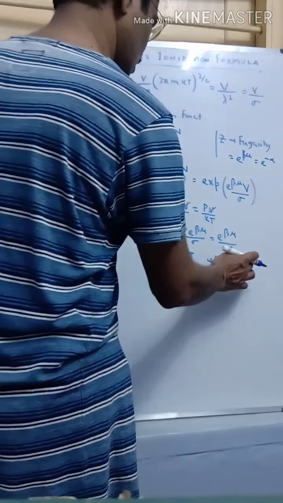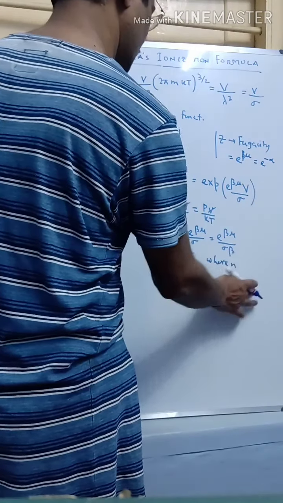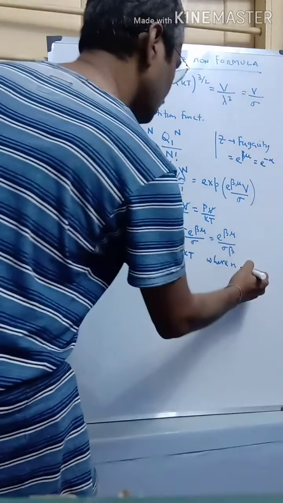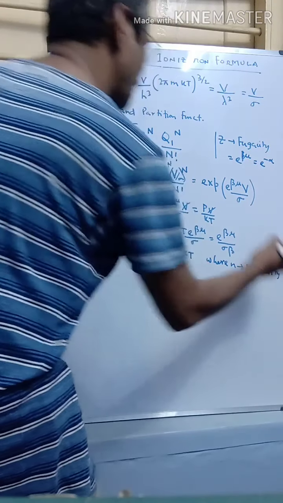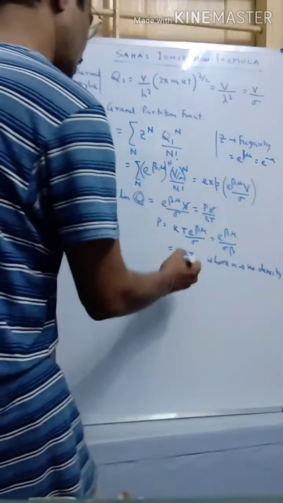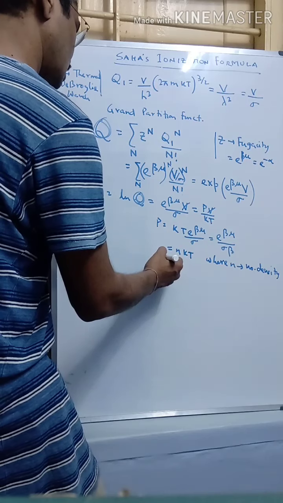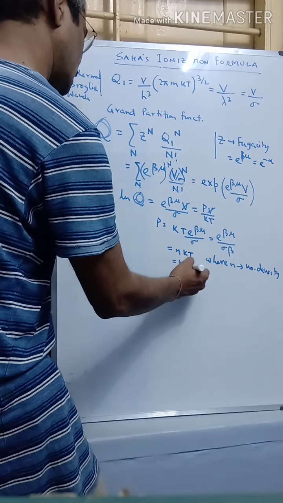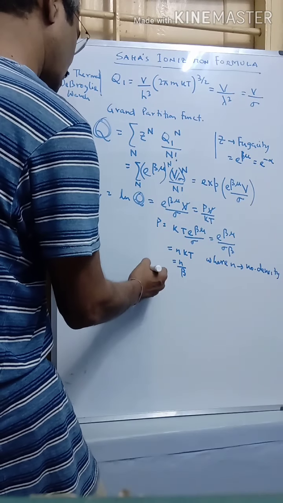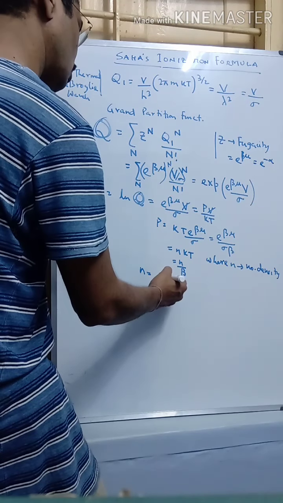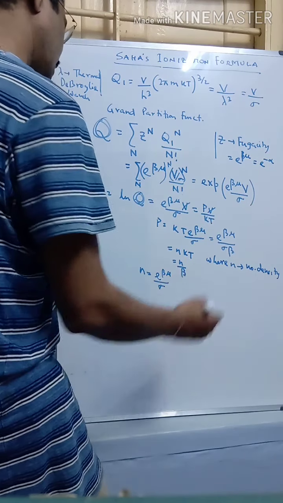Comparing this, we get n equal to e to the power beta mu by sigma.